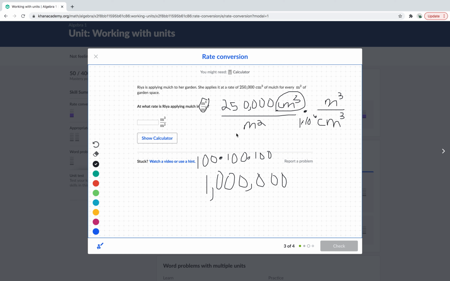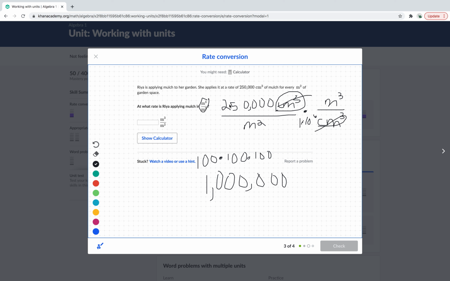So let's simplify this again. Before we do that, we have to cross these two out. We see how this matches and this matches, so we cross that out first.